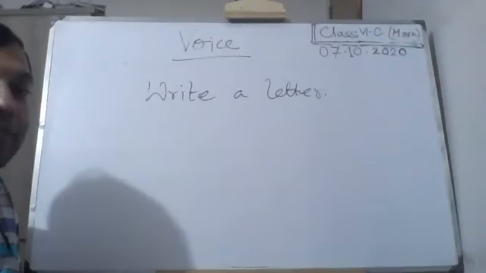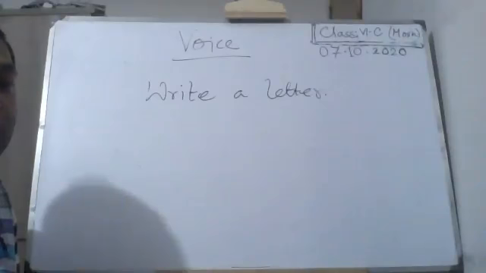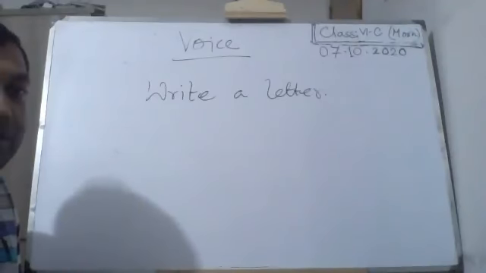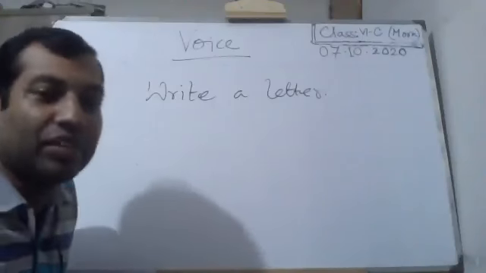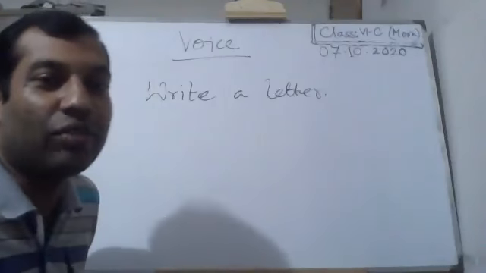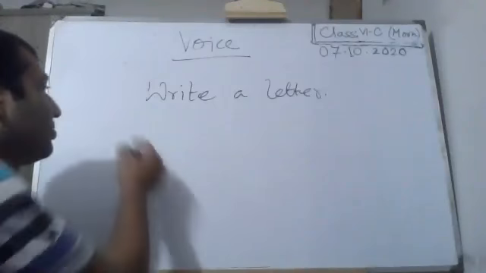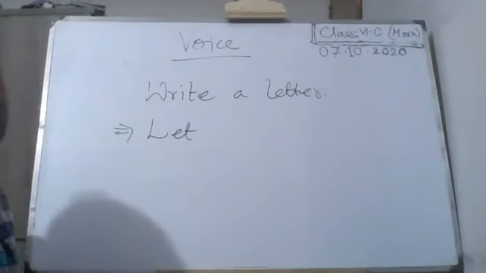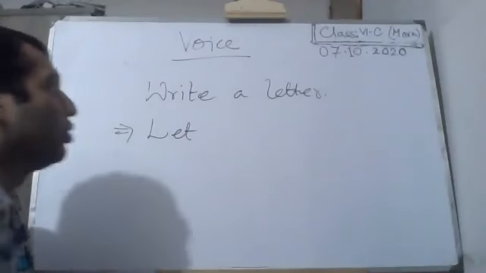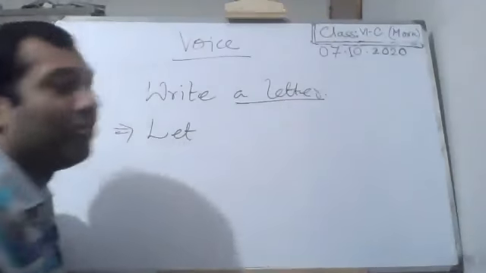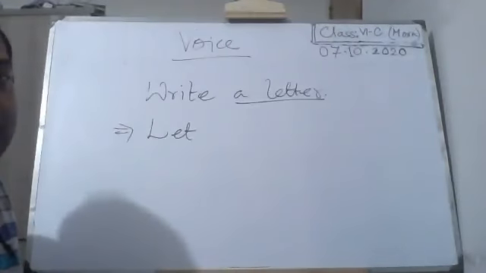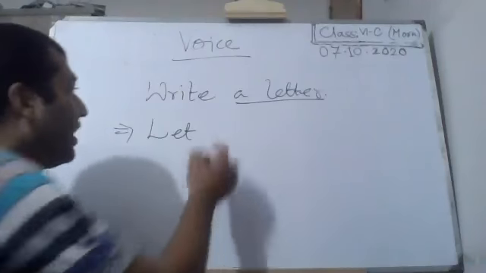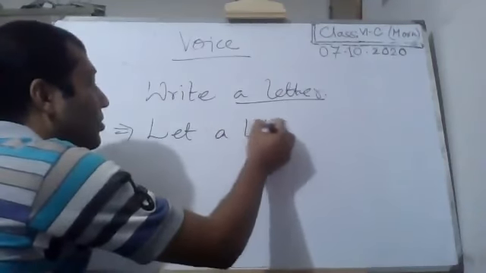If you want to make the passive from the active one of an imperative sentence, all the time you have to use a common verb, that is let. After let, you have to use the object of the verb given in the active sentence. A letter.